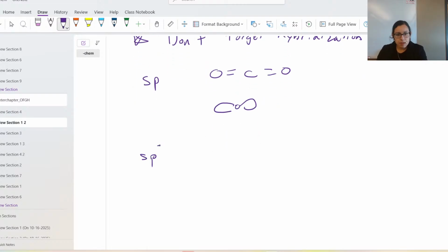Then we had sp2, and we've seen some examples of that. Of course we have our CO double bond, these general molecules, right? Acetone, or ketones.